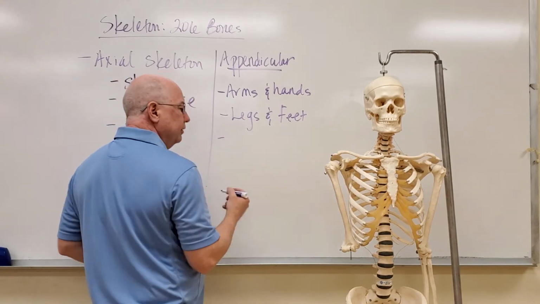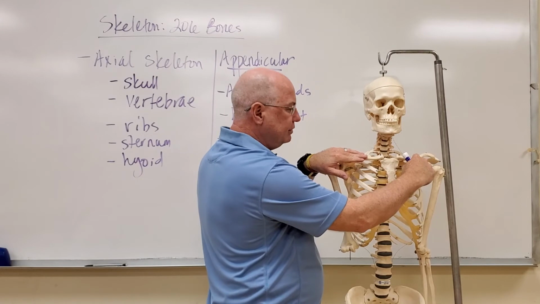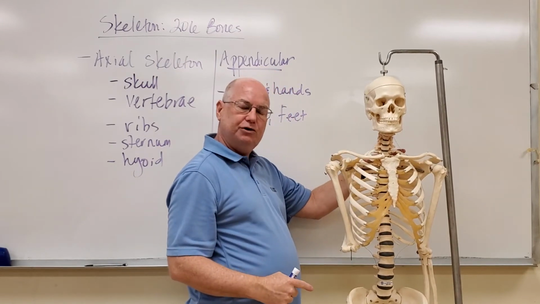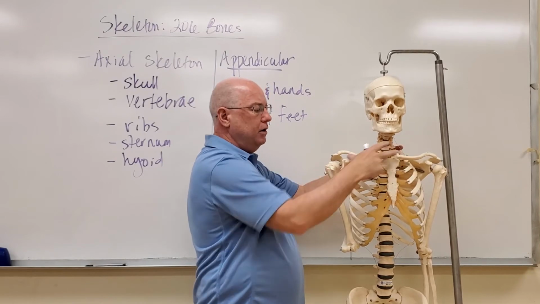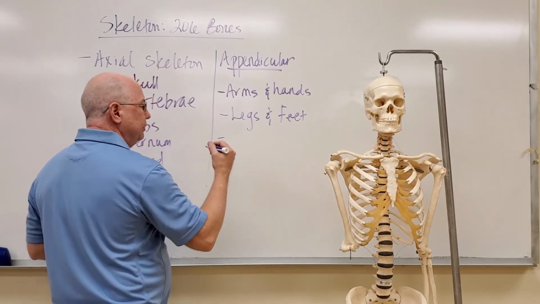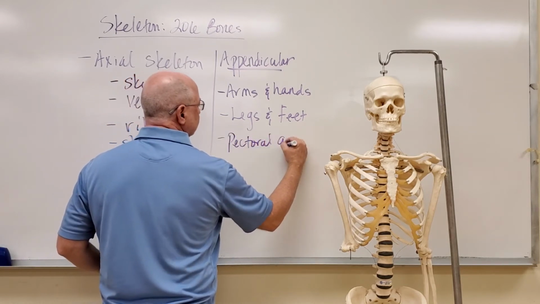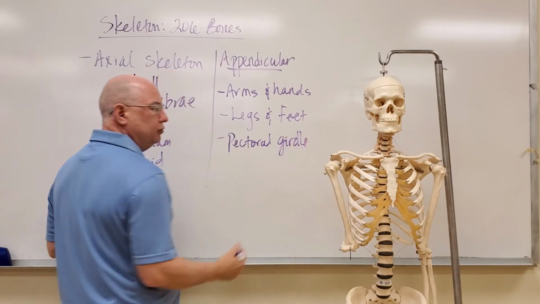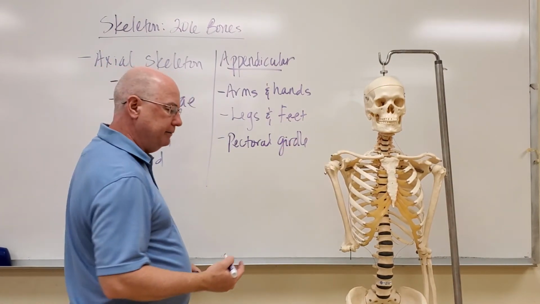So we have a collarbone or clavicle on either side, and a scapula posteriorly on either side, and they make a little girdle or ring around the axial skeleton that attaches the upper limbs. So we call that the pectoral girdle. The pectoral girdle is simply the 2 clavicles and the 2 scapulae.